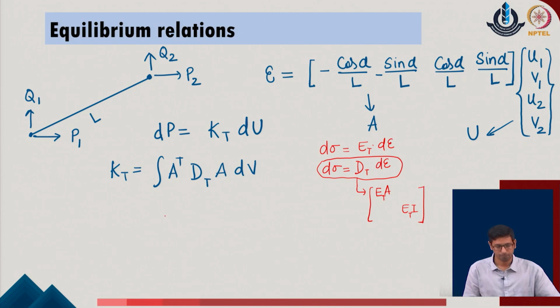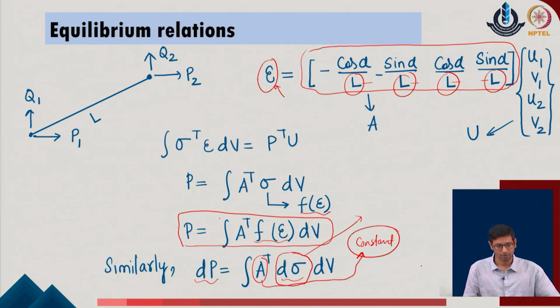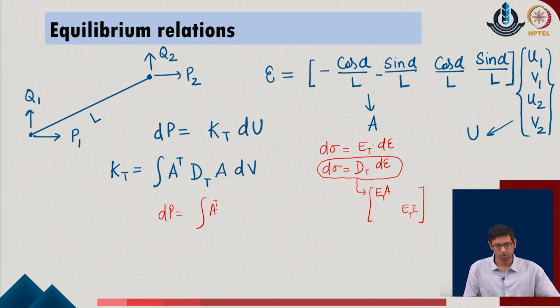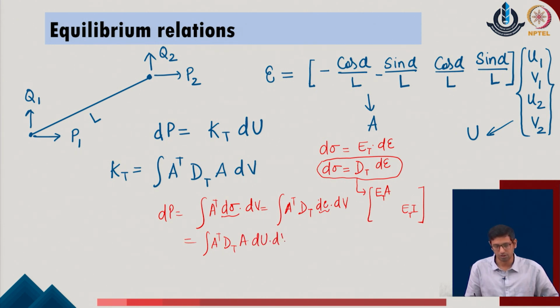and that is where we just express the expression which is defined over here, d of p. So, if I just write it, d of p is equal to A transpose d sigma into dV in the given system. Now, we just modify it with respect to A transpose. D sigma is taken as dt times d epsilon into dV in the given system, and now we will just modify the value of d epsilon and realize that it is equal to A transpose dt A times d of u in the given system, and this is the volume integral.